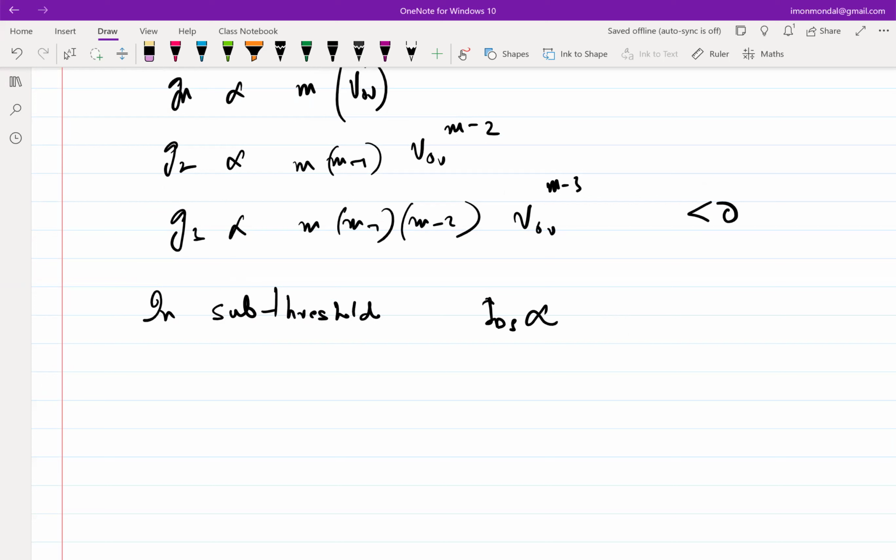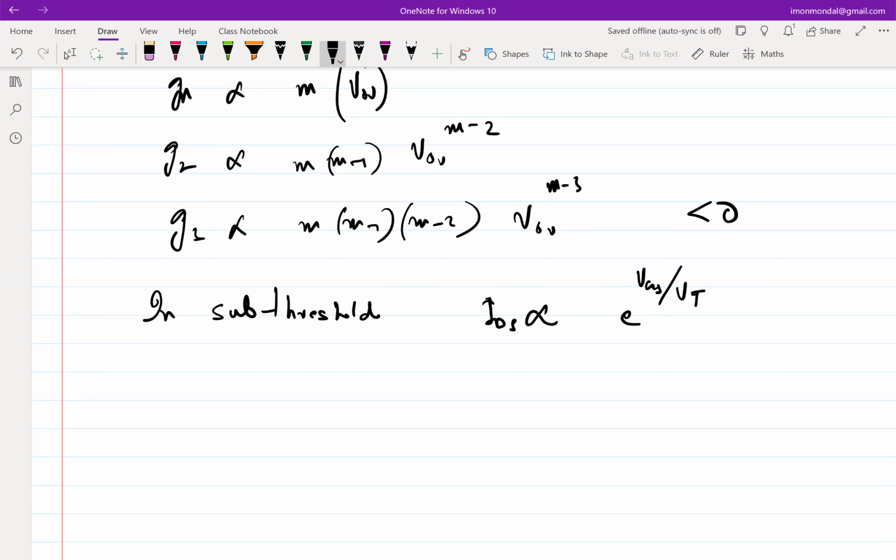Sorry, e to the power VGS over VT. Yeah, it's VT only, where VT is KT over Q. In this case, VT is KT over Q, not the threshold voltage. That is a constant, right? So I'm leaving all the constants out, let it be.